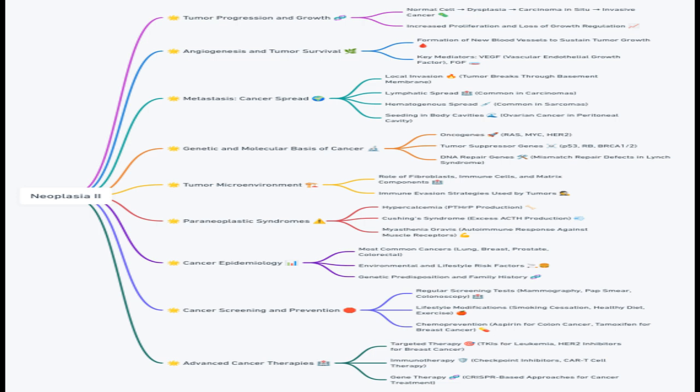It typically shows extremely pleomorphic, hyperchromatic nuclei, high mitotic rates, and necrosis. There's poor prognosis due to rapid growth and metastasis, and treatment is challenging, often requiring surgery, chemotherapy and radiation.